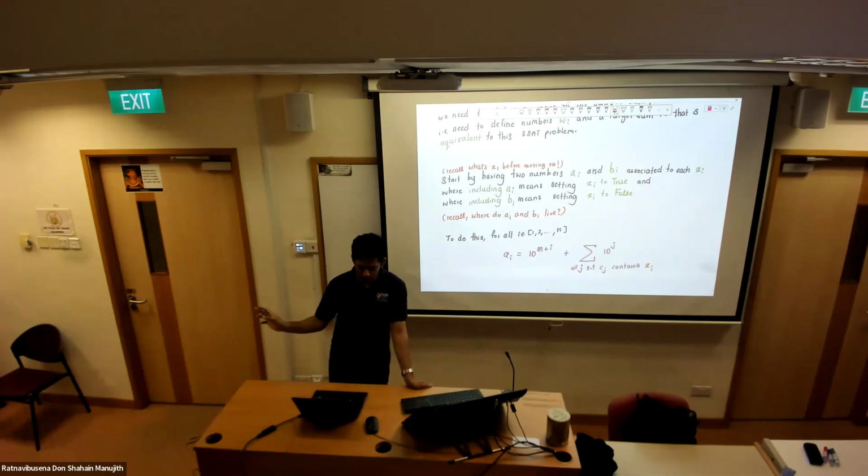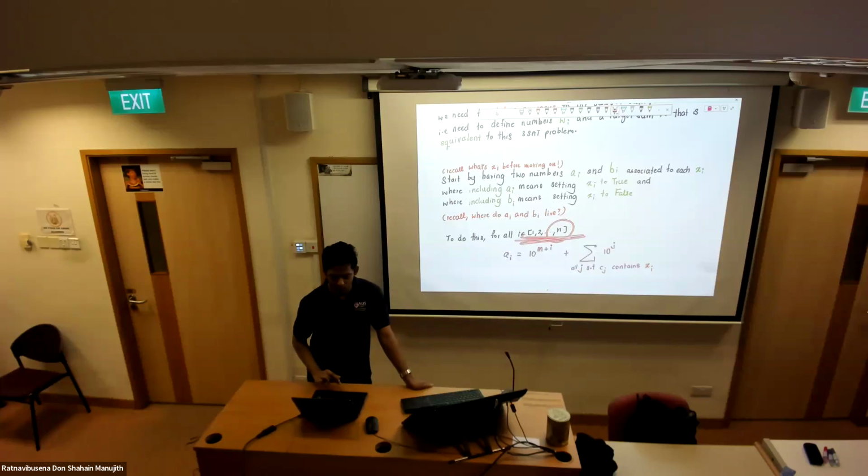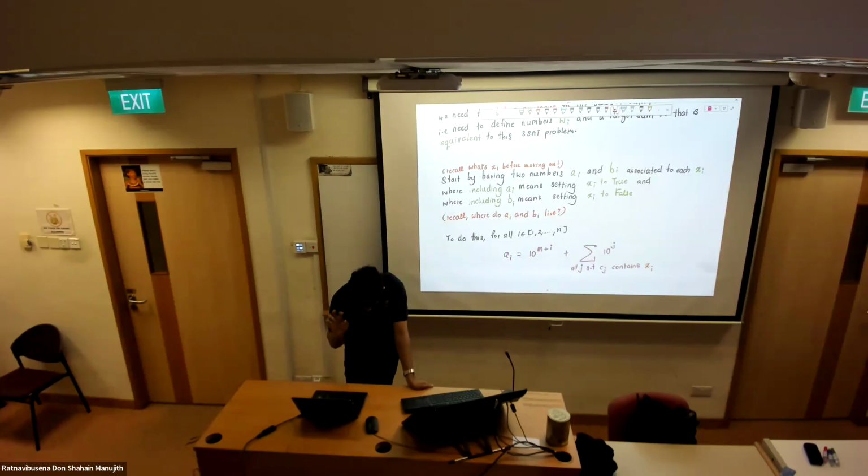n is the number of variables. For each variable x1 through xn, we define ai and bi. ai is of the form 10 to the m plus i plus this summand over here. Let's slowly look at this in a bit.